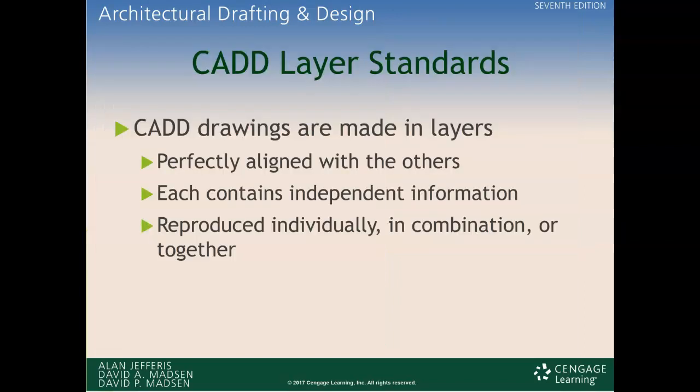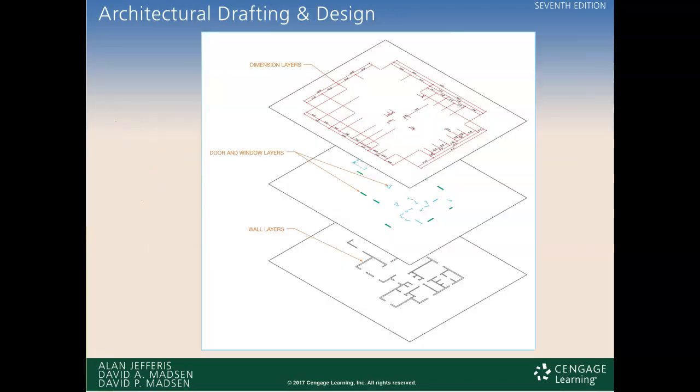This is a very generic presentation, not specifically meant to be Revit, but this is how the layers are theoretically set up when you start a drawing. You're just creating the walls, that's on its own layer. Windows and doors, although Revit hosts them, they can be separate as well. And then dimension layers can be separate, and altogether they are the unified drawing.